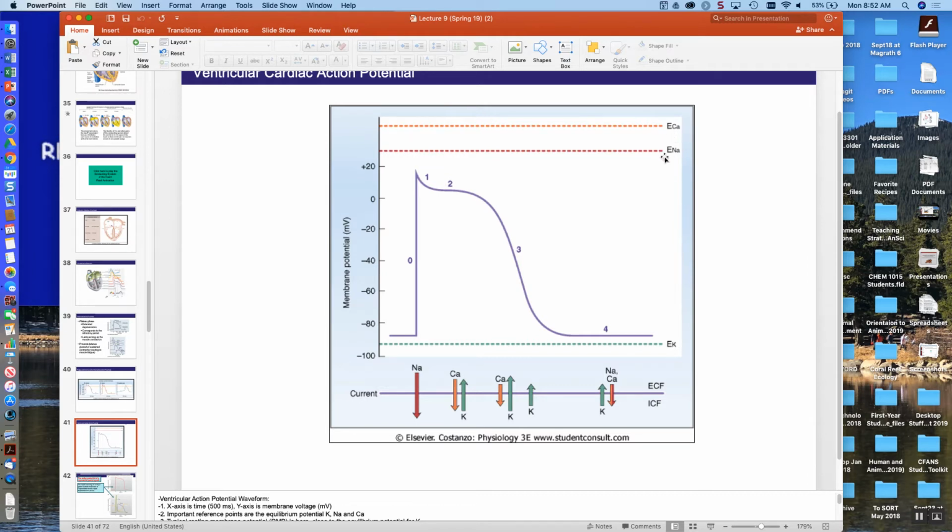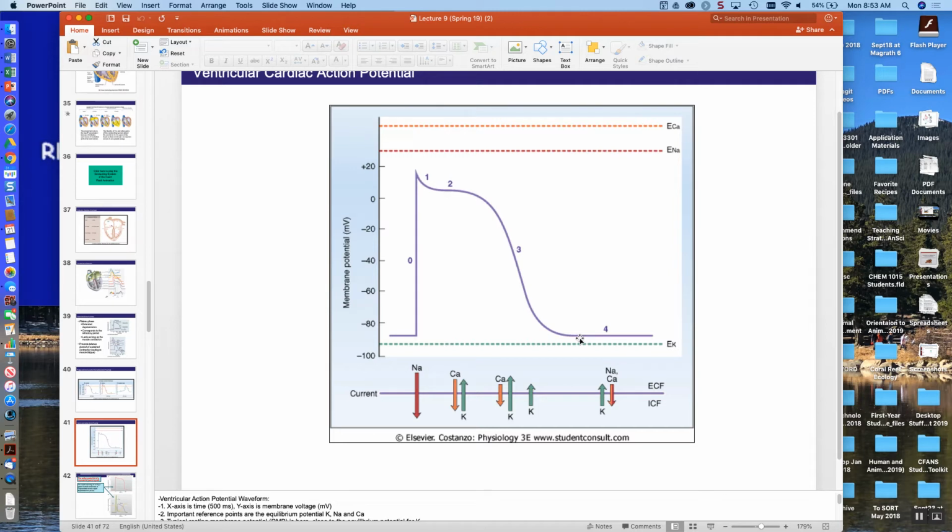As you increase the relative conductance for sodium, you're going to pull the membrane potential closer to the equilibrium potential for sodium. Same with calcium. So anytime you increase the conductance of sodium or calcium, you're going to get a profound depolarization. Anytime you increase the conductance for potassium, you're going to get repolarization. It's going to pull the membrane potential back down closer to the equilibrium potential for potassium.